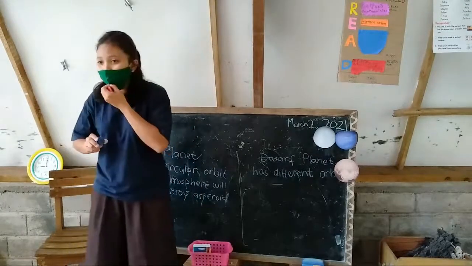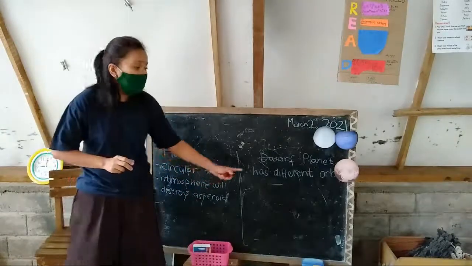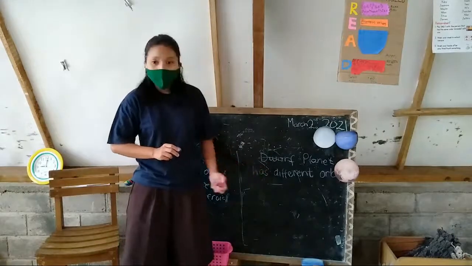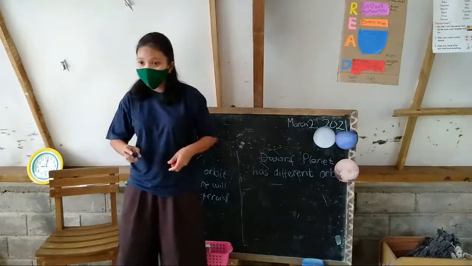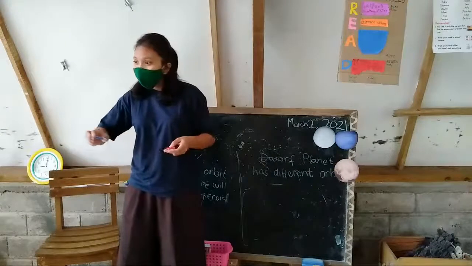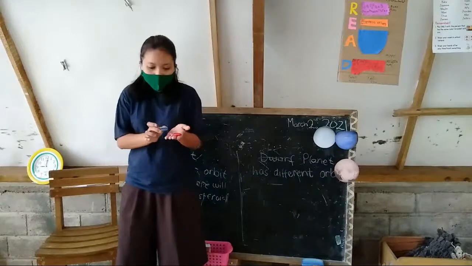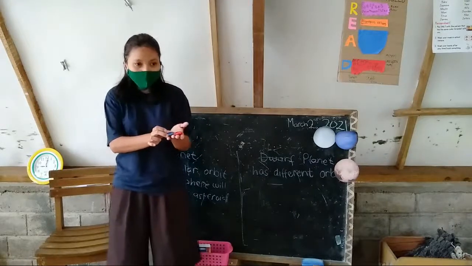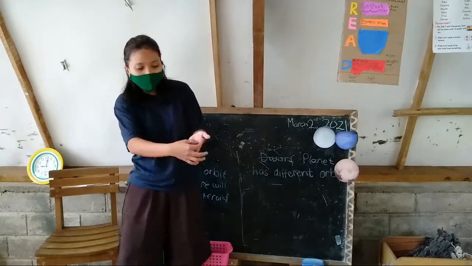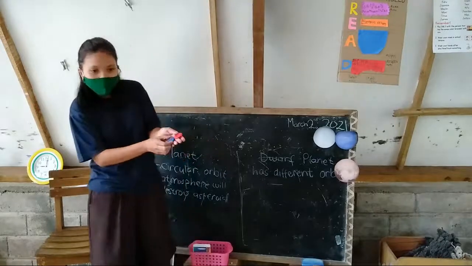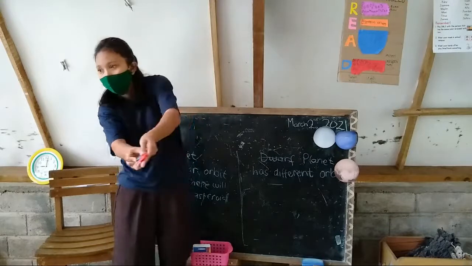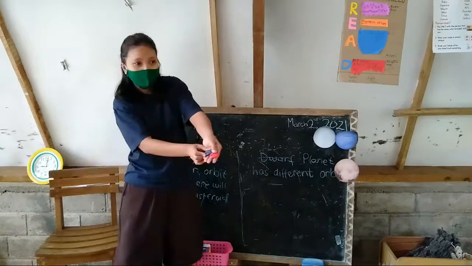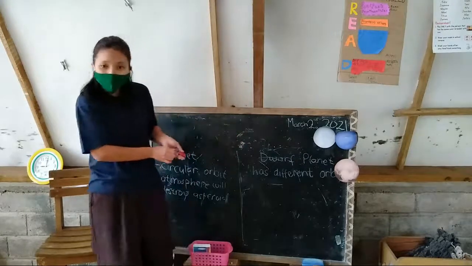But it is different for the dwarf planet. What happened to the dwarf planet? The asteroid will stick together with the dwarf planet on the way to orbit the sun.